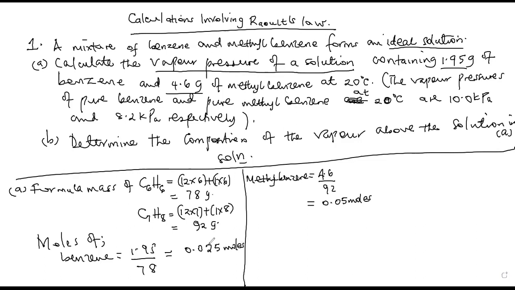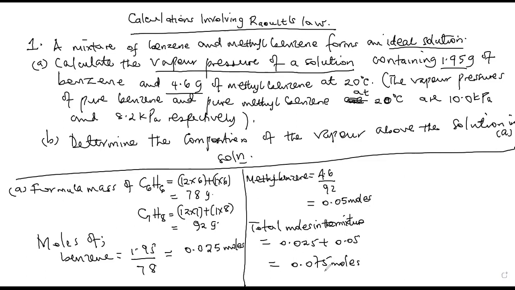So after getting the moles, we need the mole fraction. But to get mole fractions, we need the total moles in the mixture. Total moles in the mixture are going to be equal to 0.025 plus 0.05, so the moles will be 0.075 moles.